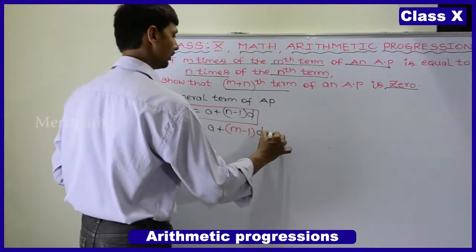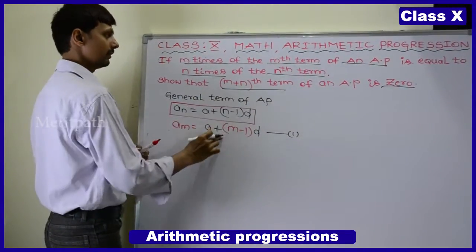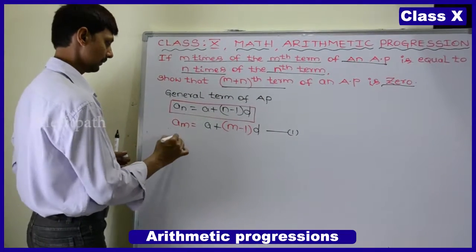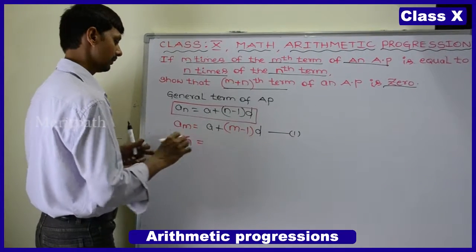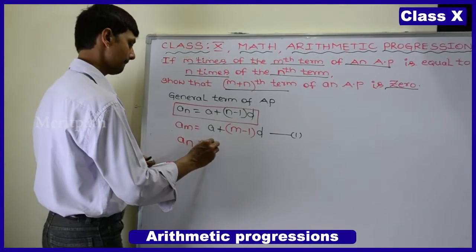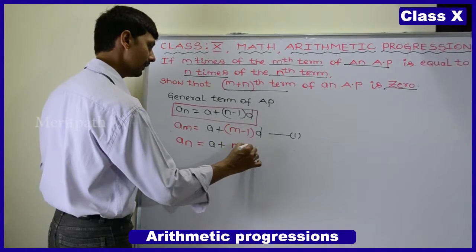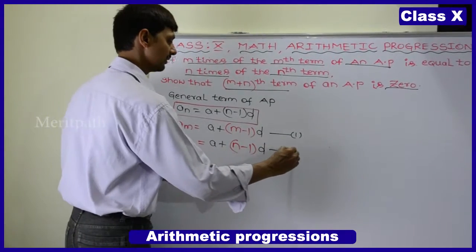So let us take this first one, the mth term. Now let us find the nth term: a_n = a + (n-1)d. This is the second equation.